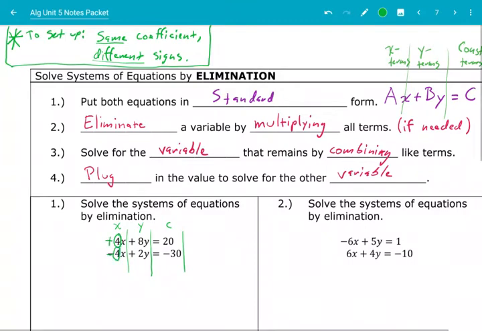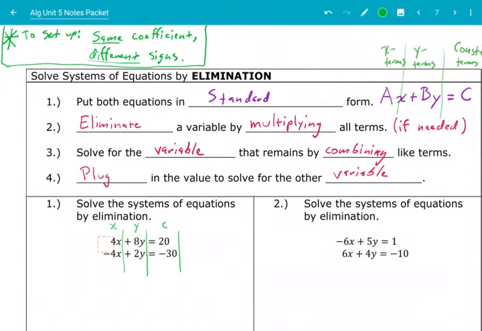This is a plus and this is a minus. So this is set up for us real easy and it's ready to go. Both equations are in standard form. Check. We're going to eliminate a variable by multiplying, but we don't have to this time. We're starting off kind of in the middle of the process, so it's already set up for us.